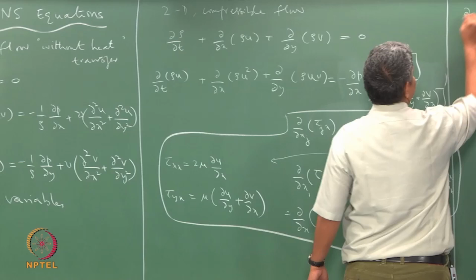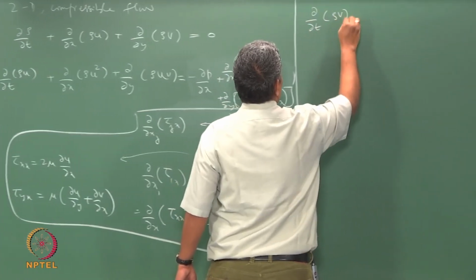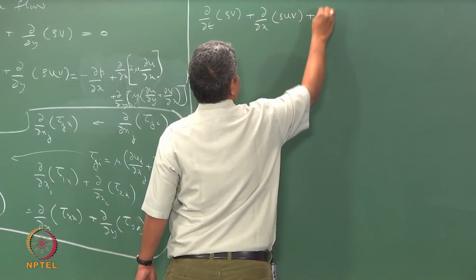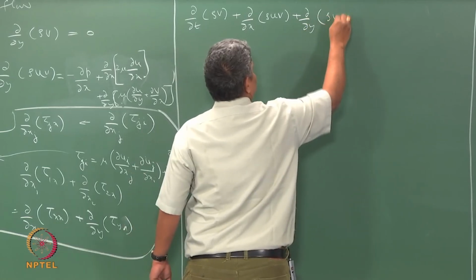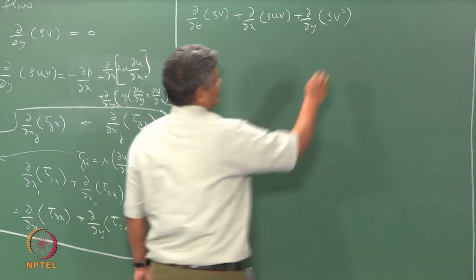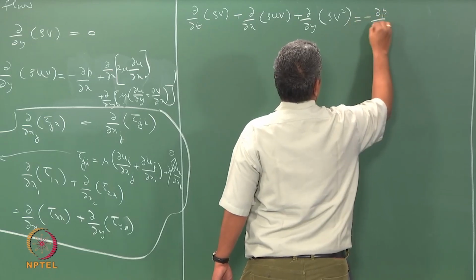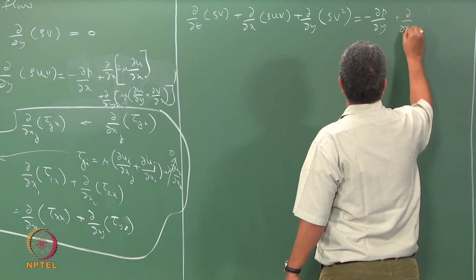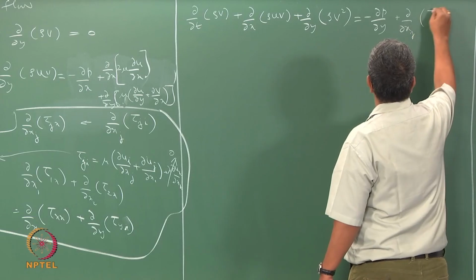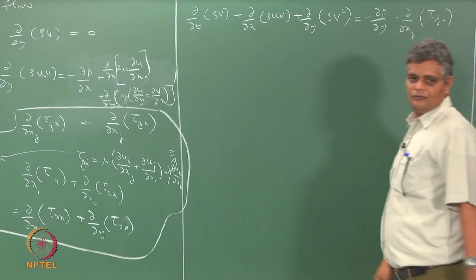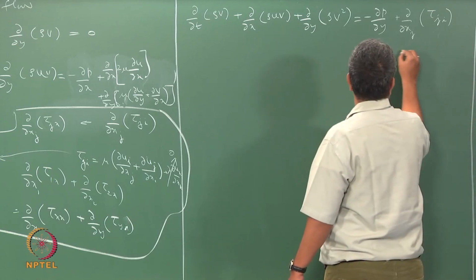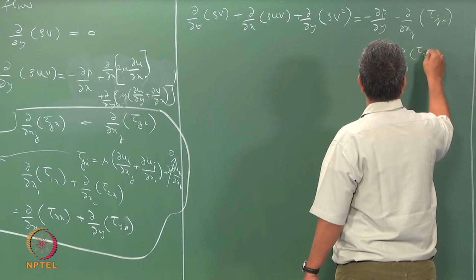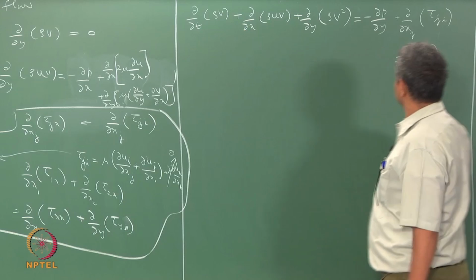We can write the y momentum equation as ∂/∂t of ρv plus ∂/∂x of ρuv plus ∂/∂y of ρv² equal to minus ∂p/∂y, and here we have plus again ∂/∂x_j of τ_ji. Okay. So, this is ∂/∂x_j of τ_jy in the y momentum direction.